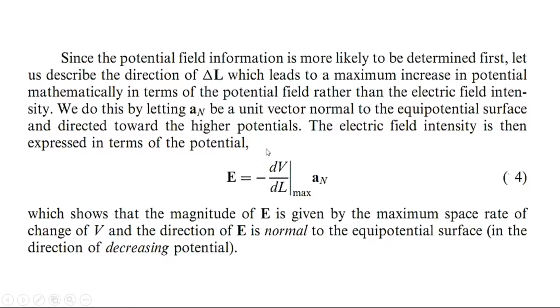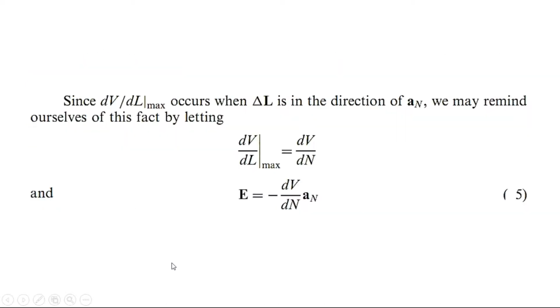When there is a maximum space rate of change of V, it will give us the magnitude of the electric field intensity, and its direction is normal to the equipotential surface in the direction of decreasing potential.